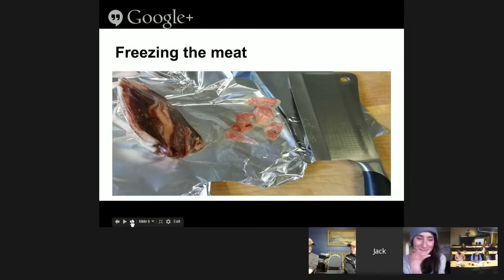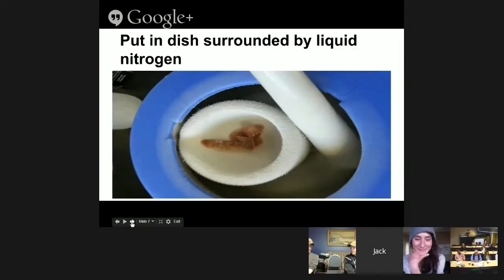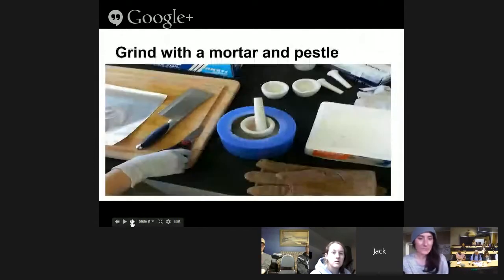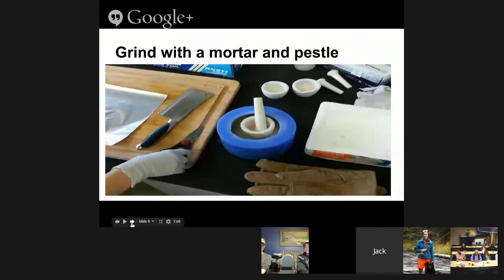They froze the meat and we got paper thin samples of the meat. And here they put the meat in a dish which is surrounded by liquid nitrogen. We ground the meat samples with mortar and pestle.